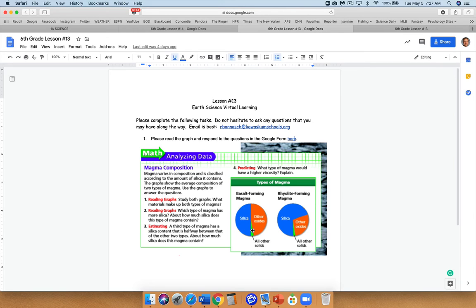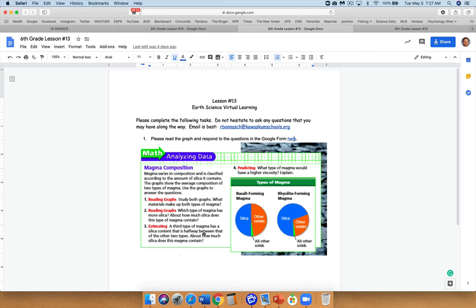You divide by 2, and you end up getting 60. Or I'm sure you could come up with an easier way that 50 and 70, kind of that halfway point in between them, would be the 60. So correct answer for number three would be about 60%.